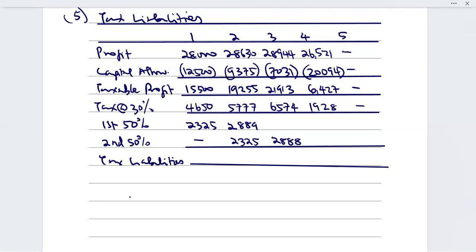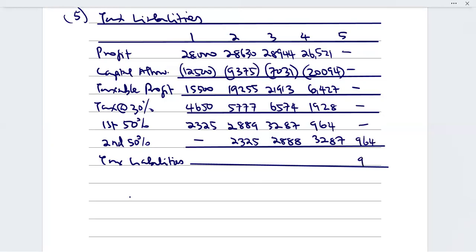Yes, the next one, 50% of 6574. 3287. Then this one will be 3287. It's even. Then the next one, 50% of 1928. 964. Then 964.